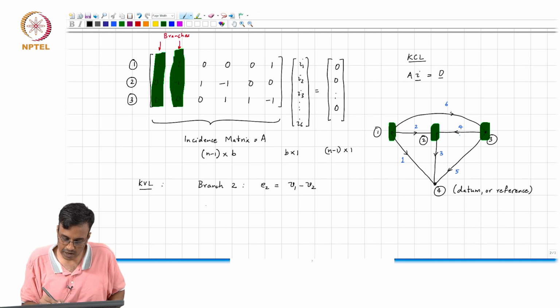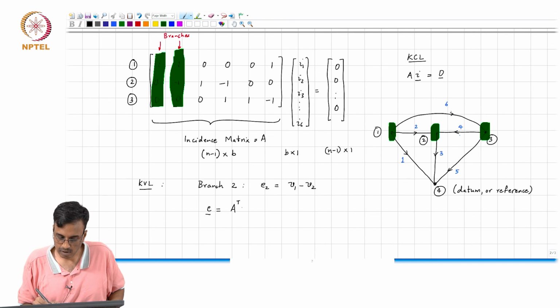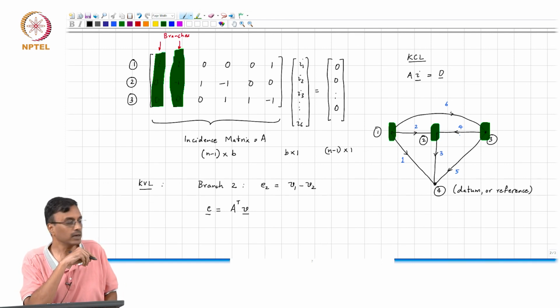So, the branch potential vector E is simply the transpose of the incidence matrix multiplied by what? The node potential vector, all right.